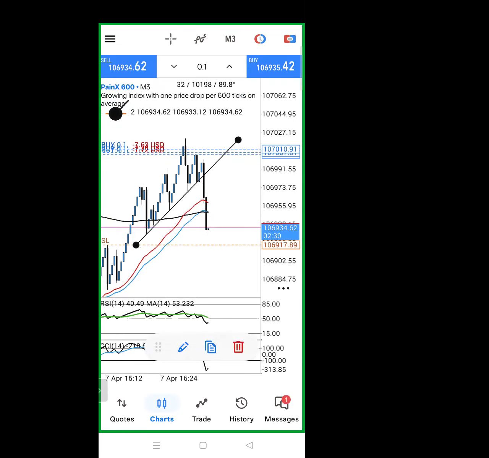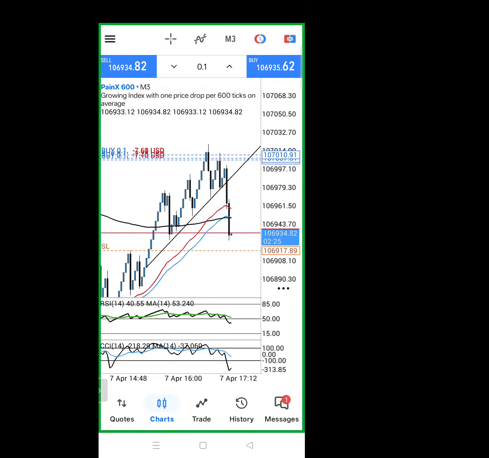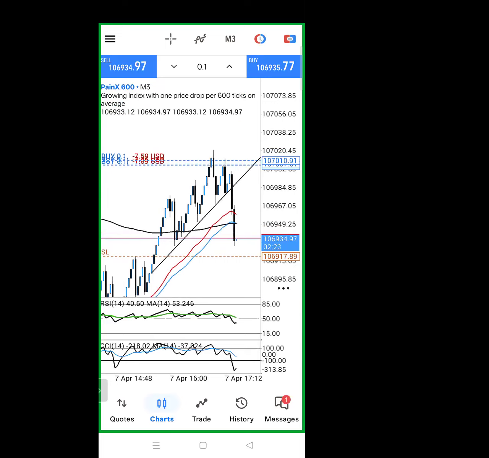Because it created a trend that it broke through. If you check this lower time frame, it actually did a divergence before this first leg and second leg.